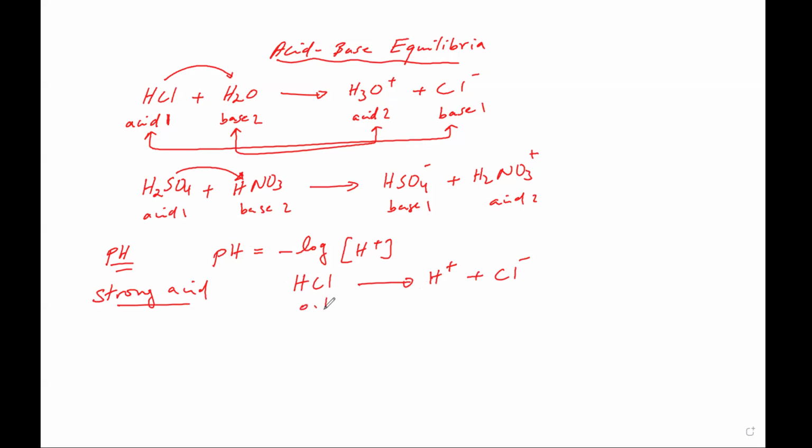So here, if we start with 0.1 mole per decimeter cube, it will give us 0.1 mole per decimeter cube of hydrogen ion and 0.1 mole per decimeter cube of chloride ion. We don't bother ourselves with the chloride ion, so at once we say that the pH is equal to minus log 0.1, and we get the value for the pH.